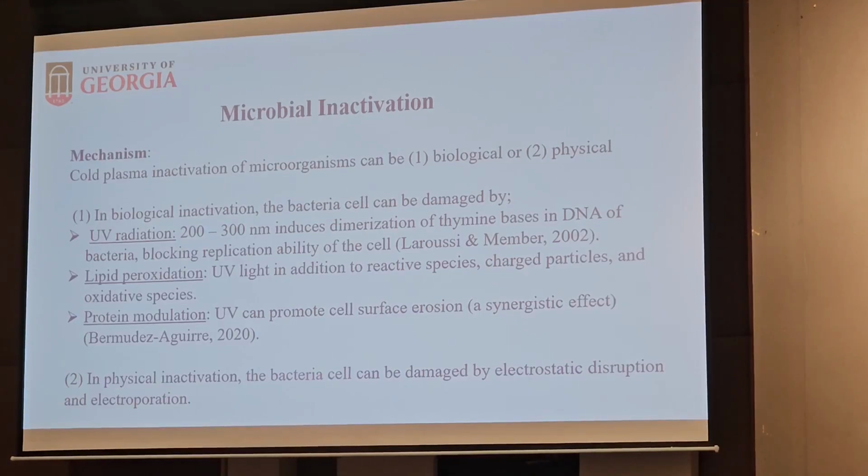Also, there is lipid peroxidation, where UV light, in addition to reactive species, charged particles, and other oxidative species, will change the lipids. That changes the cell structure and the bacteria dies. There is also change in protein. The UV can promote cell surface erosion, which is a synergistic effect, and there is also physical inactivation, where the cells are damaged by electrostatic disruption and electroporation.